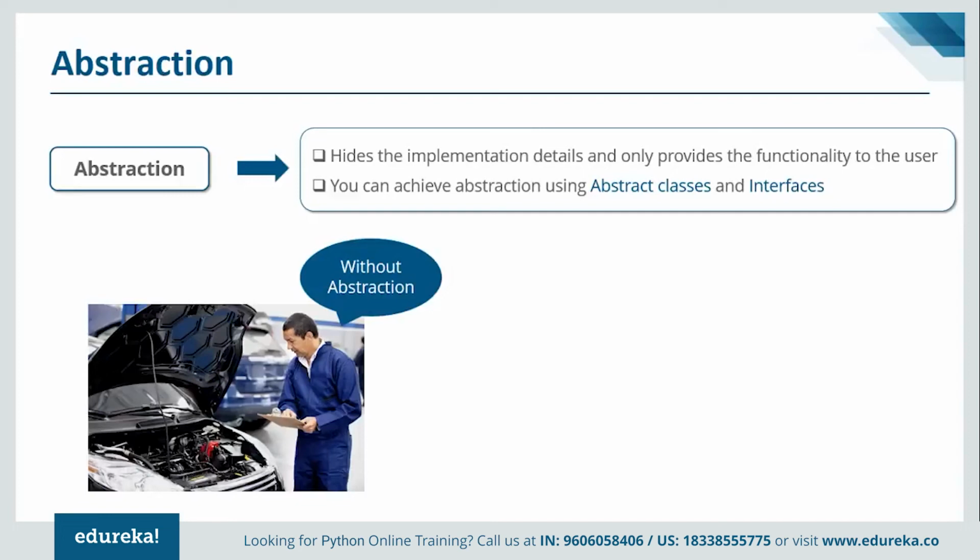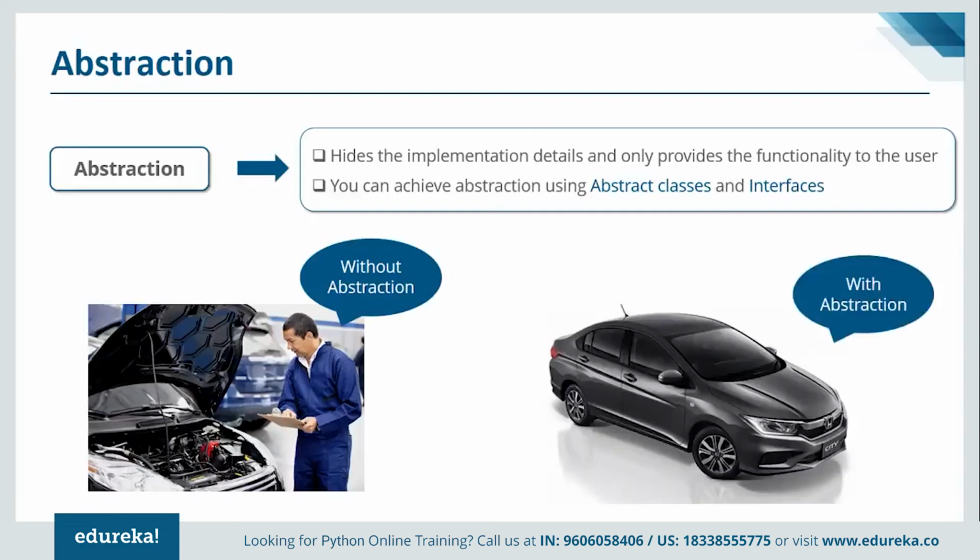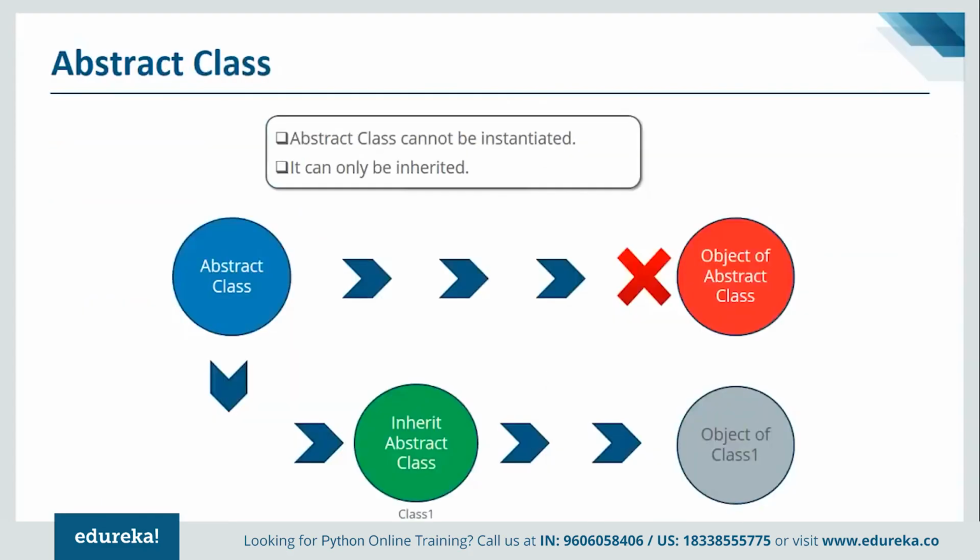Now, if I need to drive a car, I don't need to know that. I just need to know how to turn on my car, how to change the gears, and how to move forward. That is what abstraction helps me achieve. I don't need to understand what exactly happens when a gear shifts from second to third, but I just need to know that a gear shift from second to third is going to make it easier for me to move ahead as well.